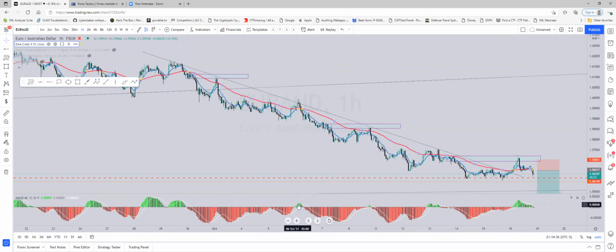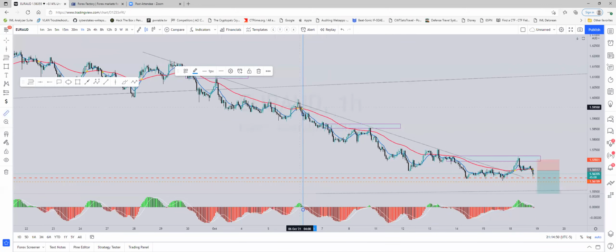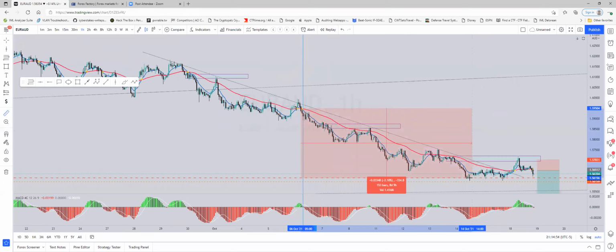Also, the signal line crossed over the 0 line and came back down. It happened pretty much at the same time. And that, I would say, is a perfect sell. This is on an hour. Write it down. You got at least 334 pips and counting.